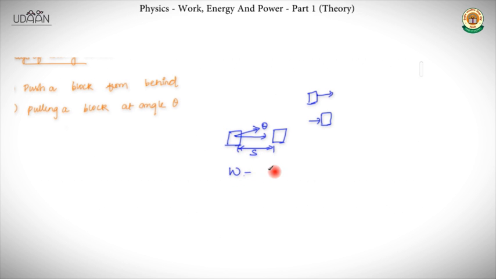So the work done on the block will be equal to F into s into cos theta, because we know work is the scalar product of F bar and s bar, and the angle between F bar and s bar is theta. Here we will be getting Fs cos theta.